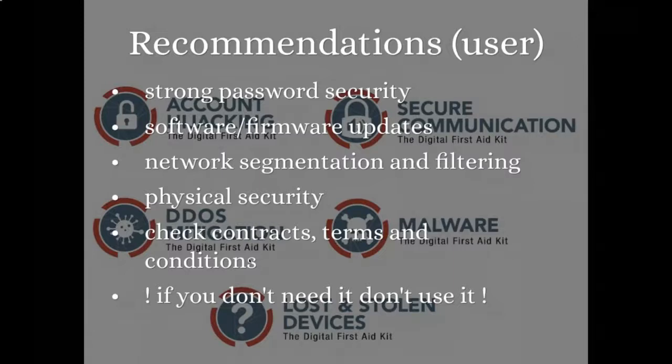So these are also considerations, not only software, but also hardware, physical aspects. And then the legal part is important as well: contracts, the terms and conditions are quite important, especially if you are concerned about privacy, about your data.